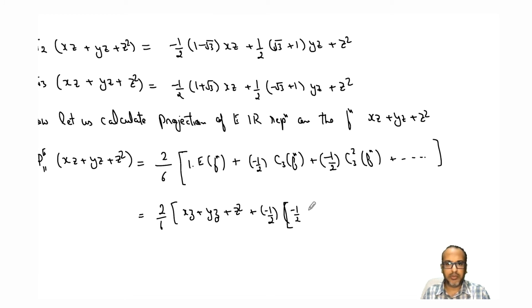Let's use the square brackets again: 1 minus square root 3 xz, minus half 1 plus root 3 yz plus z square. So this is the matrix element of C3 multiplied by the effect of C3 onto the function. And similarly, you do this.